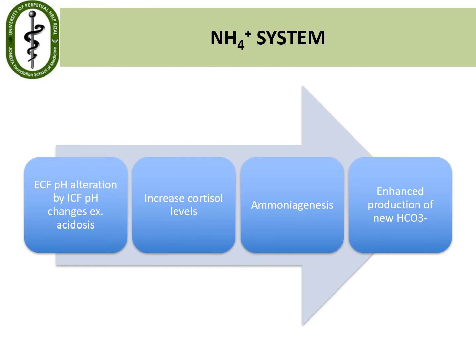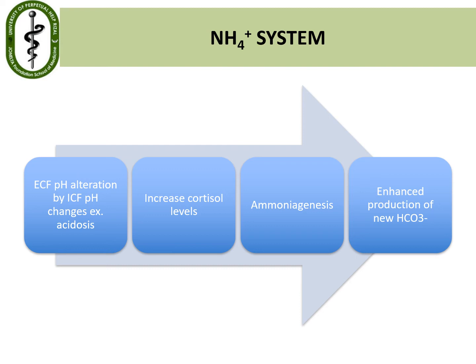So for the ammonium system, any alteration in the pH of the extracellular fluid can affect and alter the intracellular pH, for example in acidosis. The changes will affect glutamine metabolism in the cells of the proximal tubule.